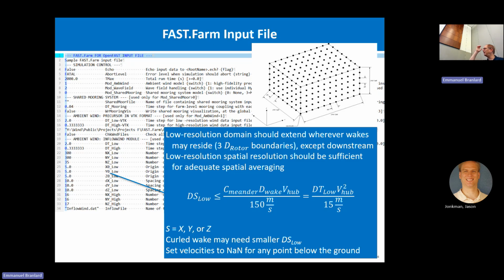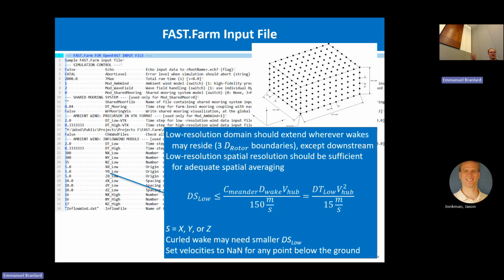I have that last bullet there about NANs, and this comes in. We have a little hack in there right now. Right now, the domains are always fully rectangular. If you have some complex terrain where there's a hill, say in the middle of the terrain, what do we do with it? Right now, we basically have a NAN option: in that rectangular domain, if any of the velocities is given a NAN, we say that's below the ground.